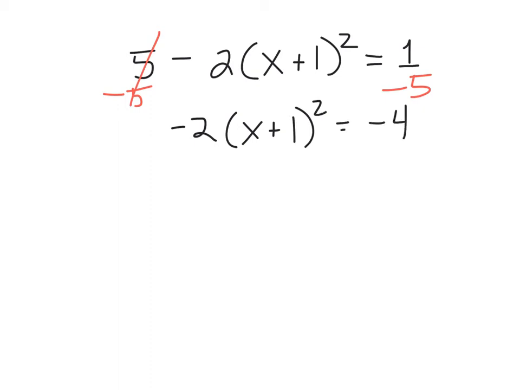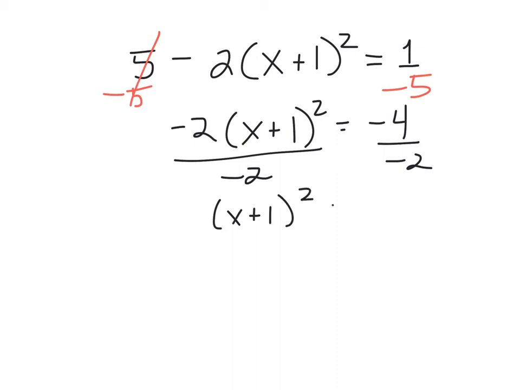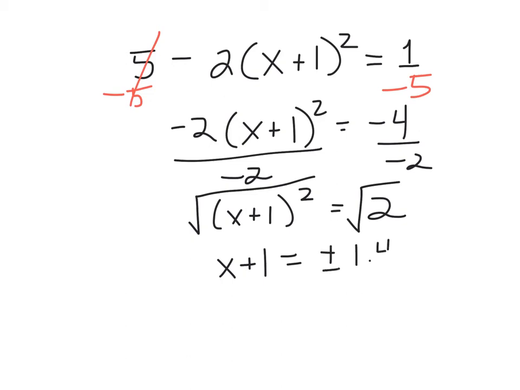Now we have to get rid of the multiplication of the negative 2 because that's next furthest away from x. And we get (x plus 1) squared equals positive 2. Now we have to get rid of the squared by taking the square root. That gives us x plus 1. 2 is not a perfect square, so I have to take the square root of 2 using my calculator. That's going to give me plus or minus 1.41.